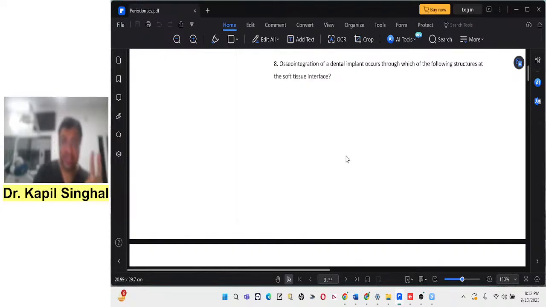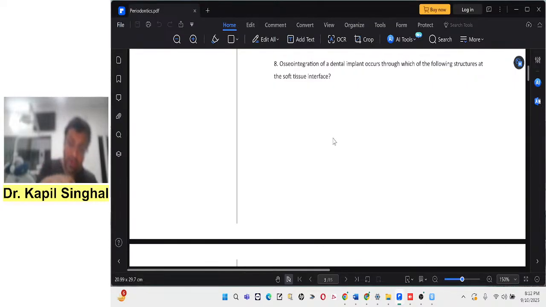Okay, so basically there are two main attachments. One is hemidesmosomes and the second is basal lamina that helps in the integration of the soft tissue with the implant. So please remember, this does not help in the integration of the implant with the bone. Implant to bone is osseointegration, but above the bone, over the implant, there is soft tissue.